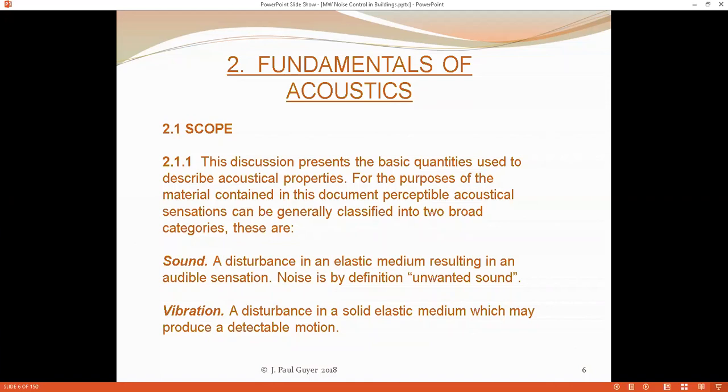And in the case of the vibrations, they're transmitted more to the solid members of the building, the floor deck, the columns, the beams, etcetera. And that vibrational energy is transmitted from the source room to the receiving room, and the receiver, the human being there, feels it with his fingers and toes.